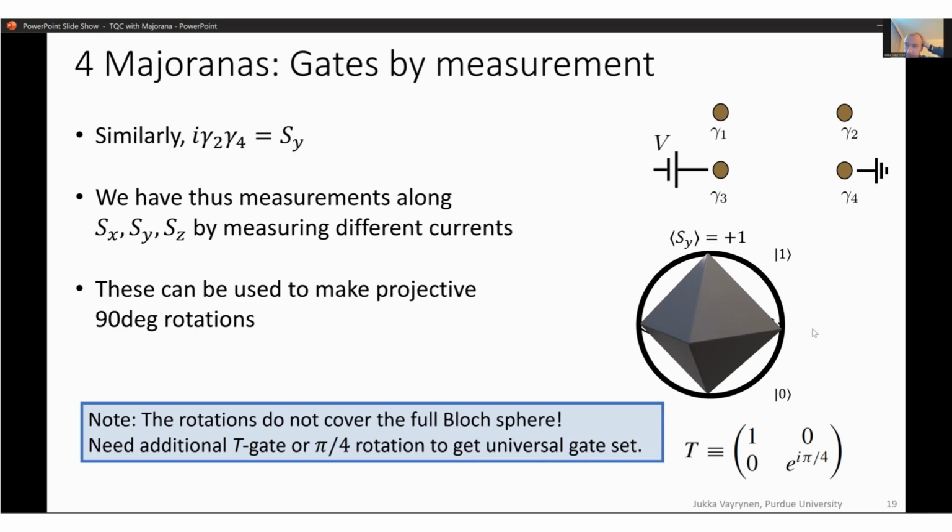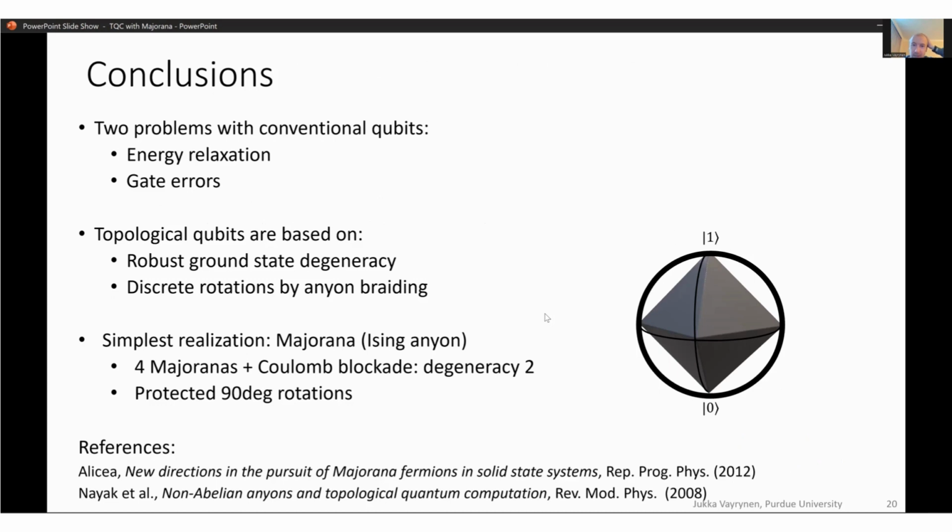So maybe in the interest of time, I will stop here and draw the conclusion. So basically, the topological qubits are designed to overcome these 2 issues with conventional qubits, namely energy relaxation and gate errors.